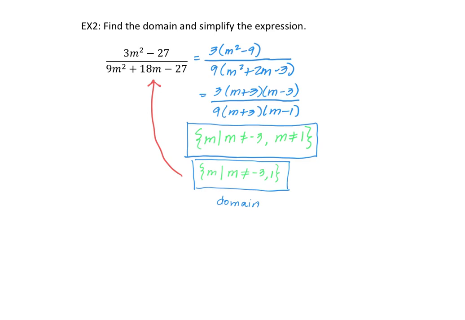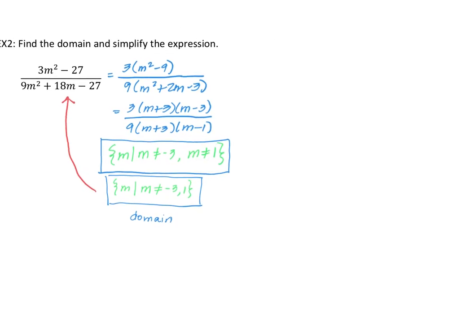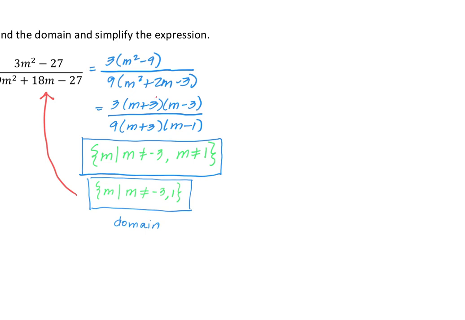Again, we want to find the domain before we reduce. So let's go back to the simplification. Notice that in this expression, I can cancel the m plus 3 top and bottom, and I can reduce the 3 over 9. What will happen is I'll end up with m minus 3 over 3 times m minus 1.